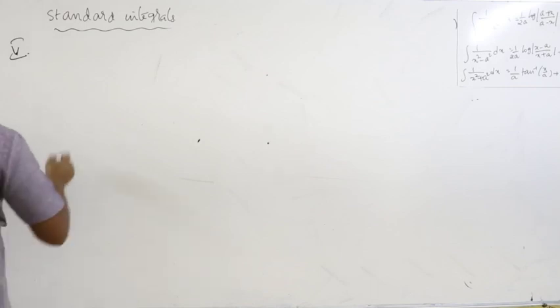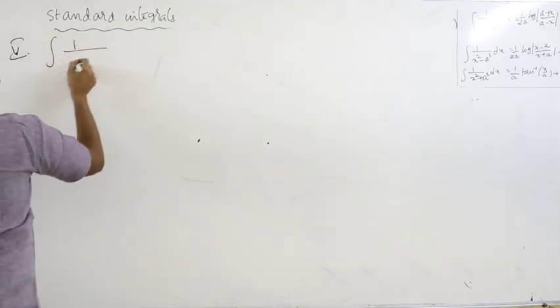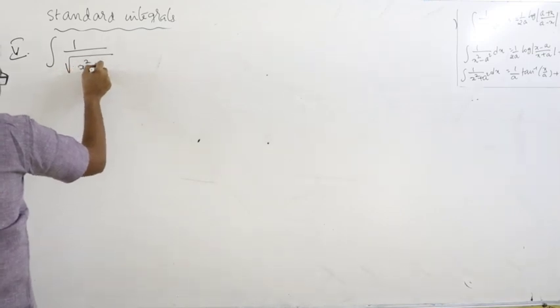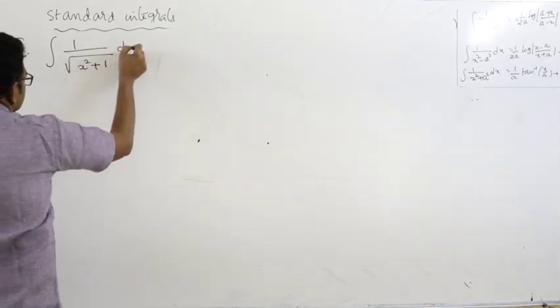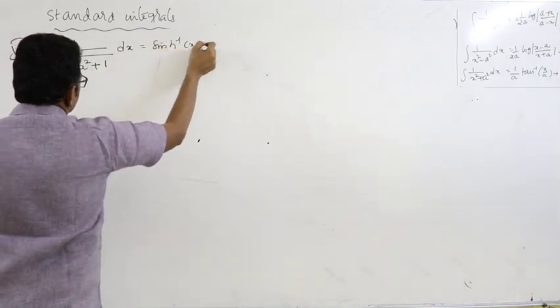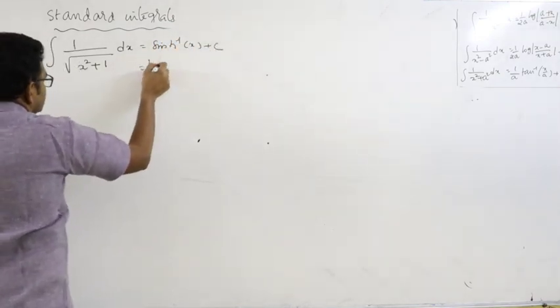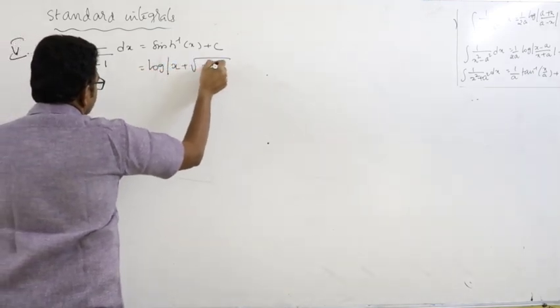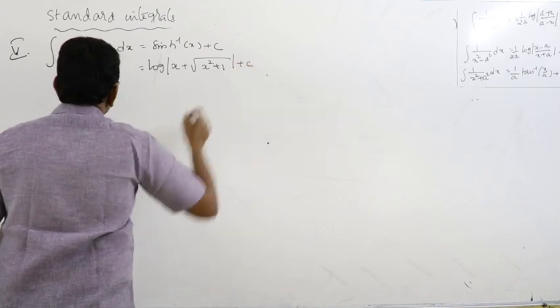Next one, standard integral 1 by root of x square plus 1, you know this. This is nothing but what? Sin h inverse x plus c, or in terms of log of mod of x plus root of x square plus 1 plus c.